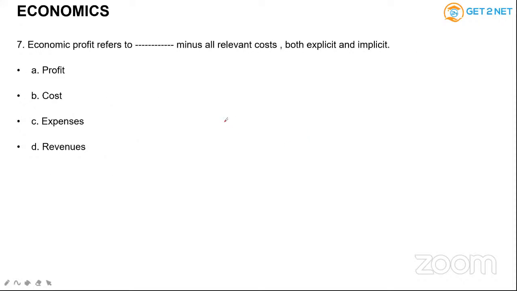So seventh question, let's move. Economic profit refers to dash minus all relevant costs, both explicit and implicit, both internal and external.